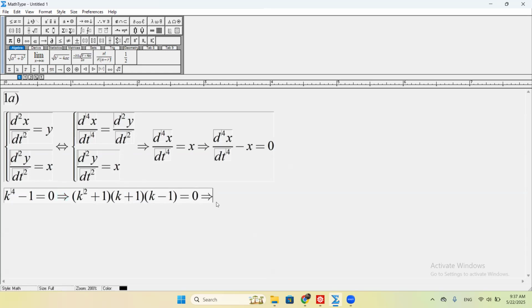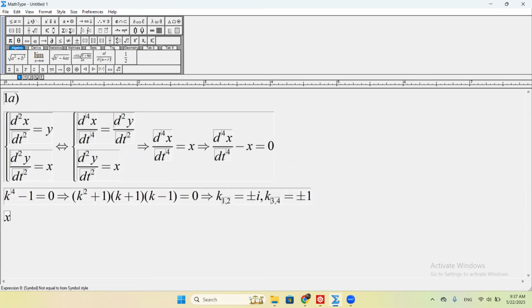So we have the following roots. k1,2 is a pair of complex conjugate roots, and k3,4 equals plus minus 1, so two real roots.